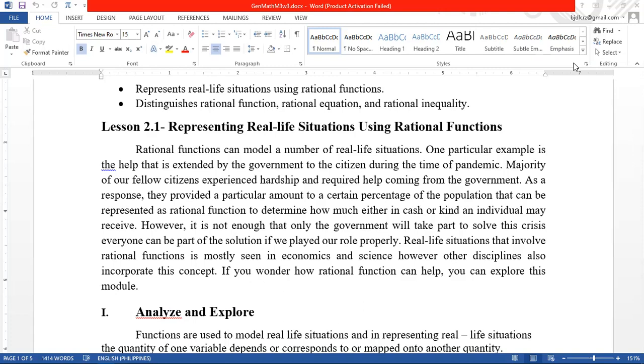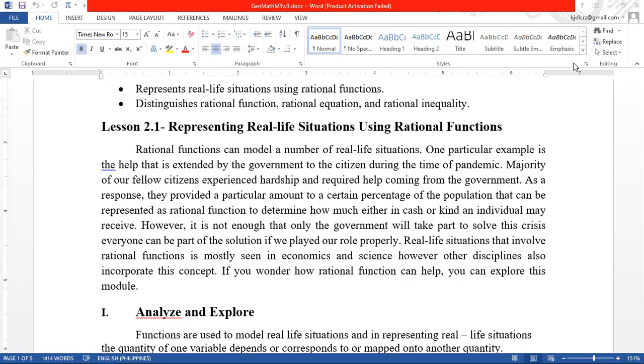As a response, they provided a particular amount to a certain percentage of the population that can be represented as a rational function to determine how much, either in cash or kind, an individual may receive.